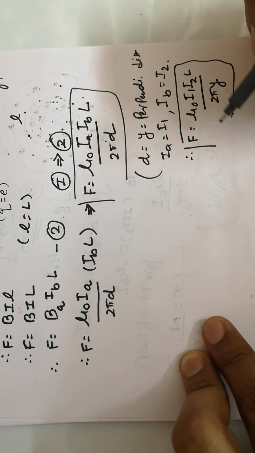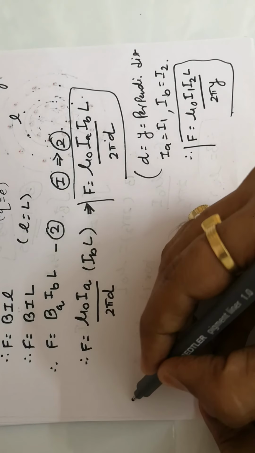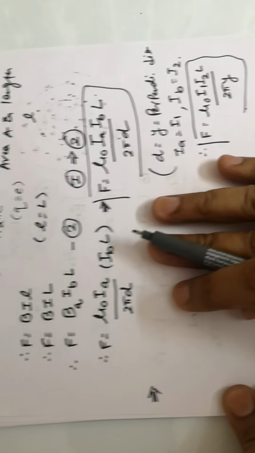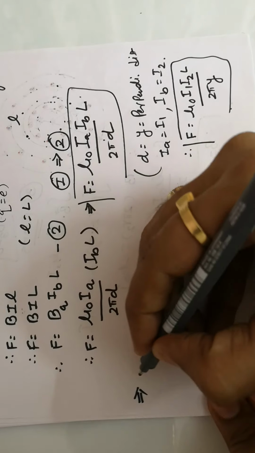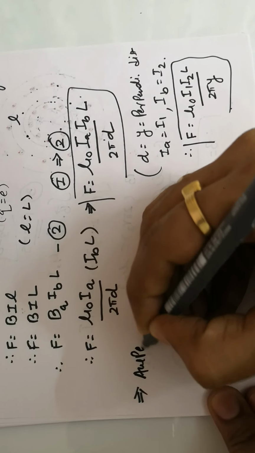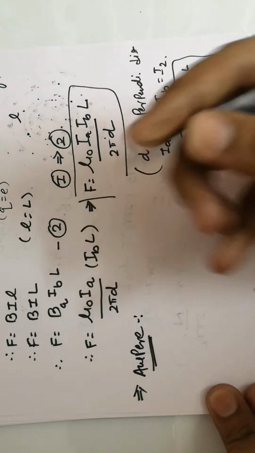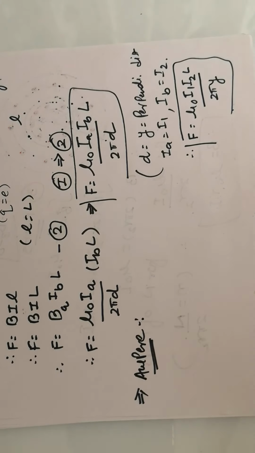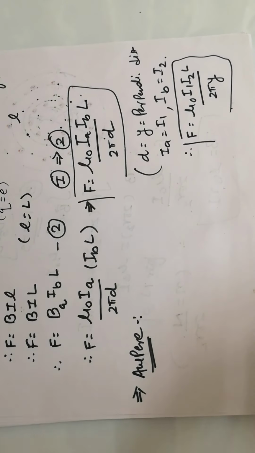It is also valid, but right now from this equation I want to derive the definition of ampere. What is the meaning of 1 ampere? First of all, to derive that, I am using some primitive data.